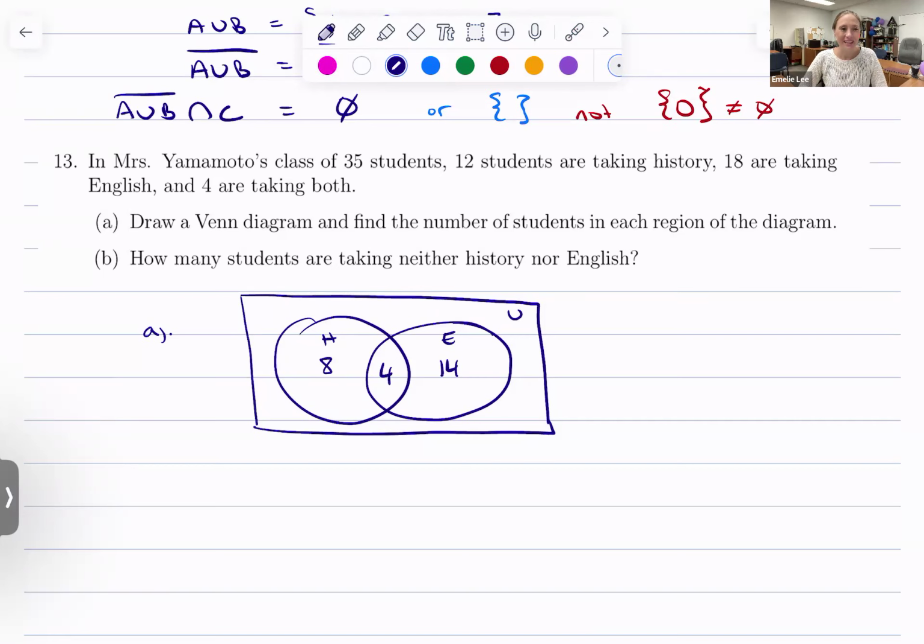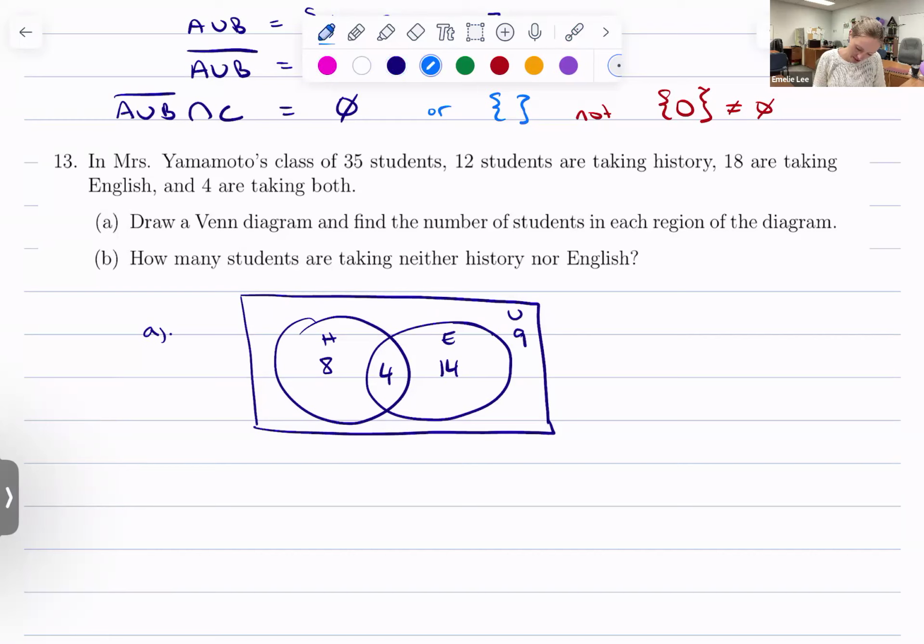And finally, the last region, we have 35 students, but I've already listed 8 plus 4 plus 14 of those, and so I'm going to take that away. And so I get 35 minus 8 minus 4 minus 14 puts me at 9 out here.